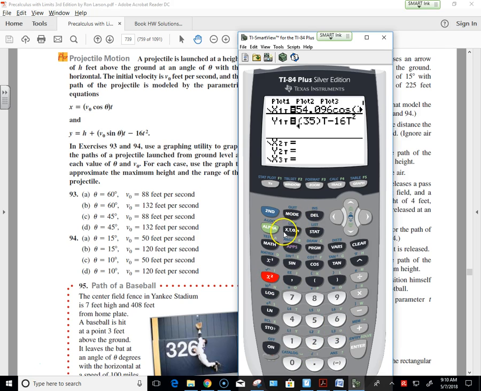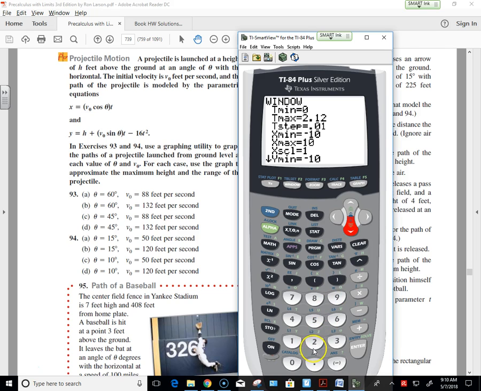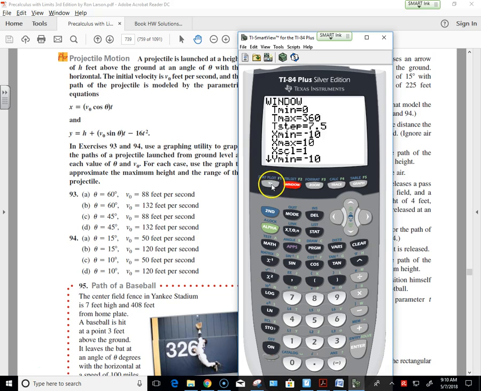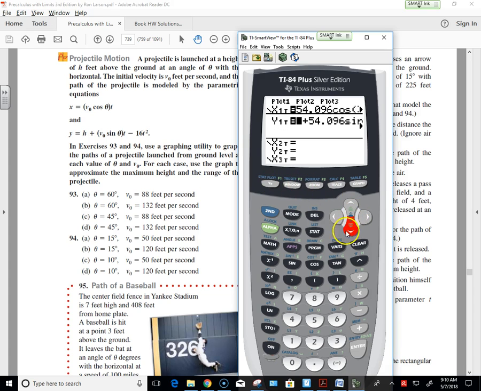You guys just told me that it was like 90 feet down the field, so I'm going to make sure that my window goes, I'm going to do 2 pi instead of, I could do zoom standard. Zoom standard, start there, but then be like, no, no, no. Did I put a minus?